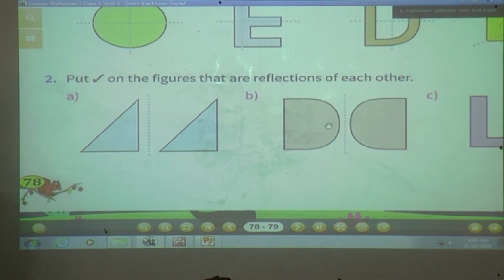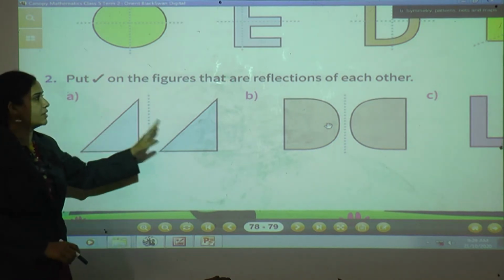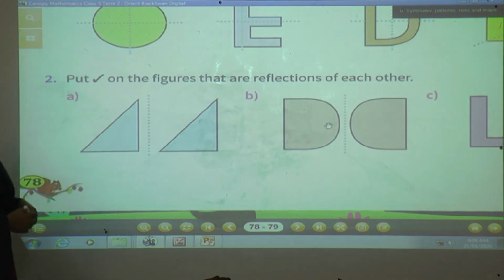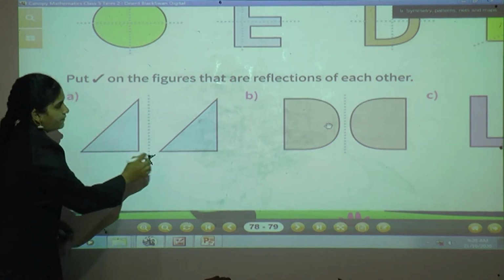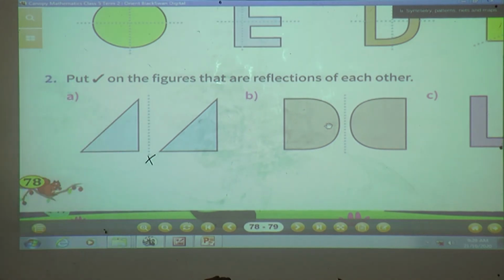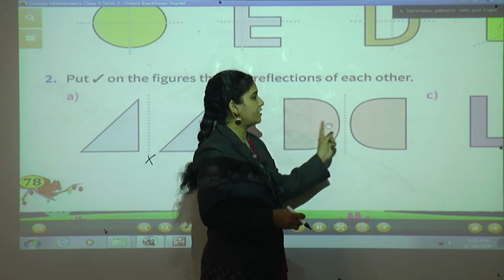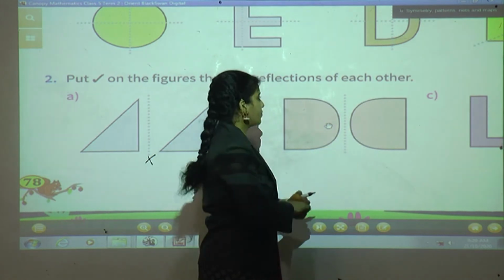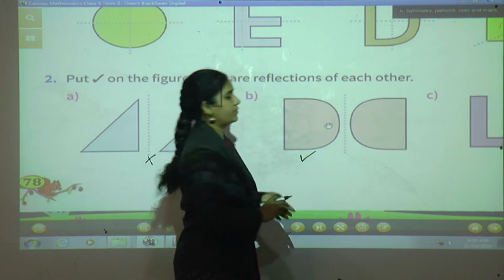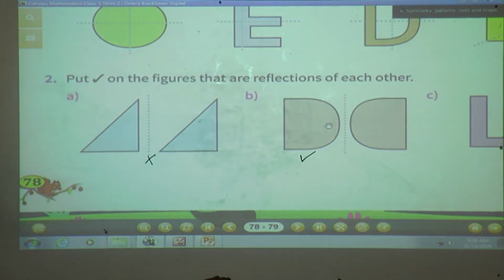They are same. So this figure is not a reflection of this figure. So cancel it. Now see B1. See, this is a reflection of this figure. So put a tick on this figure. Now C1.